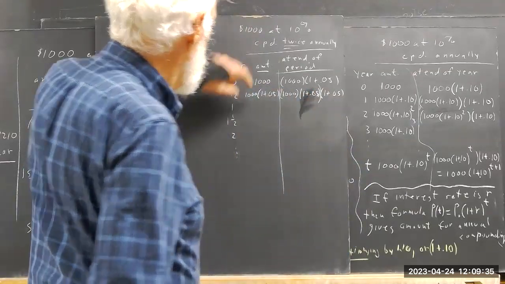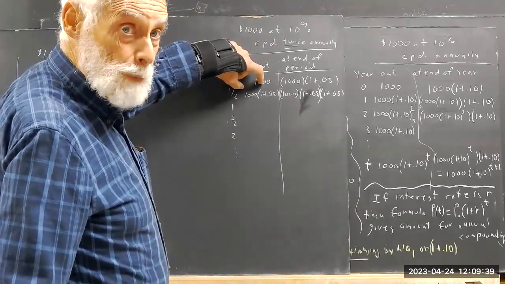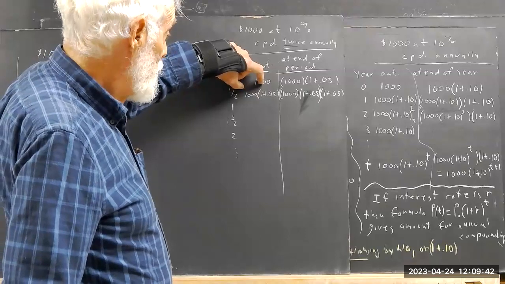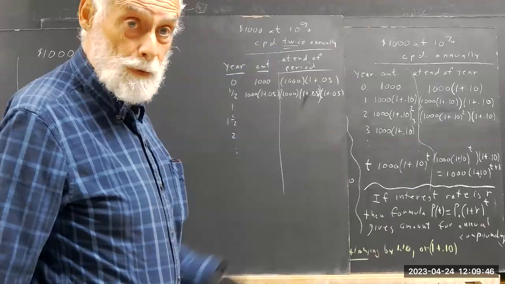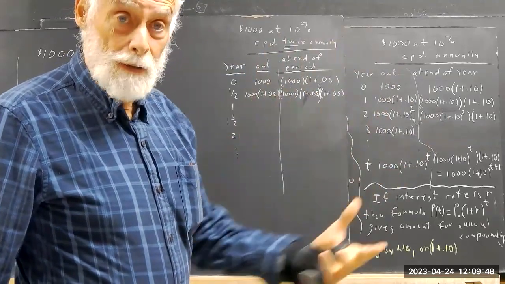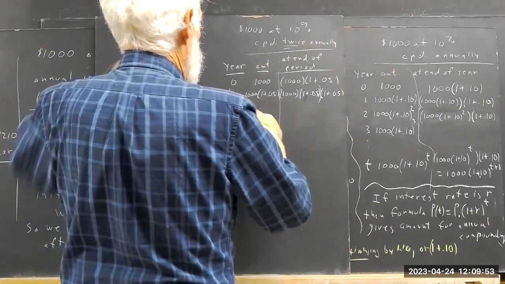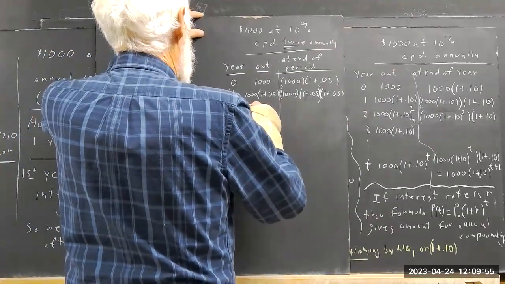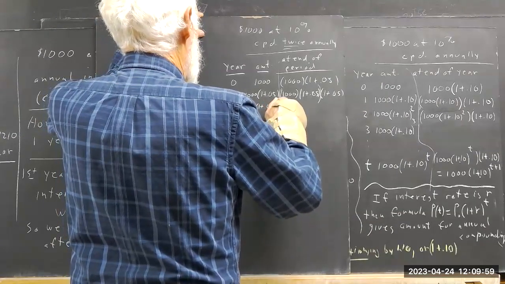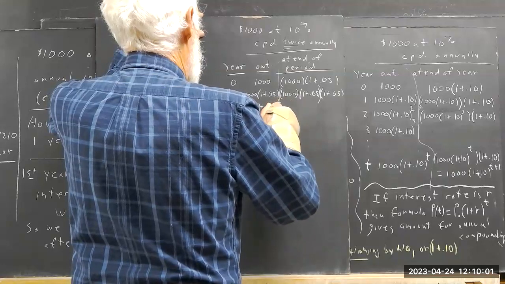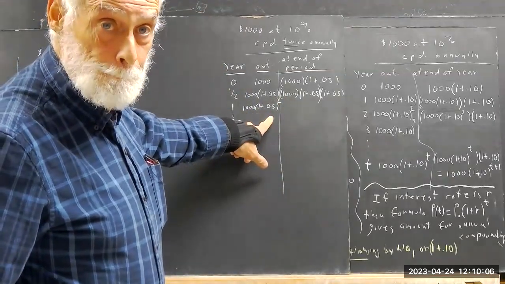Okay, so at the end of the first period, we got 1,000 times 1 plus 0.05. And then we have to take that amount and multiply it by 1 plus 0.05 to get the amount at the end of this period. Now, using exponents, this is just $1,000 times 1 plus 0.05 squared, right?